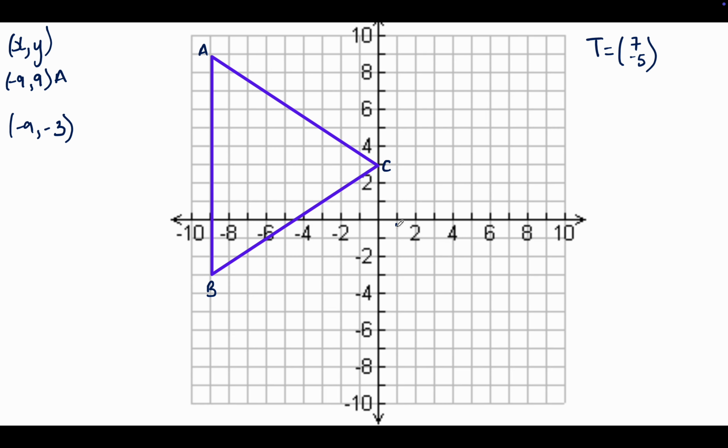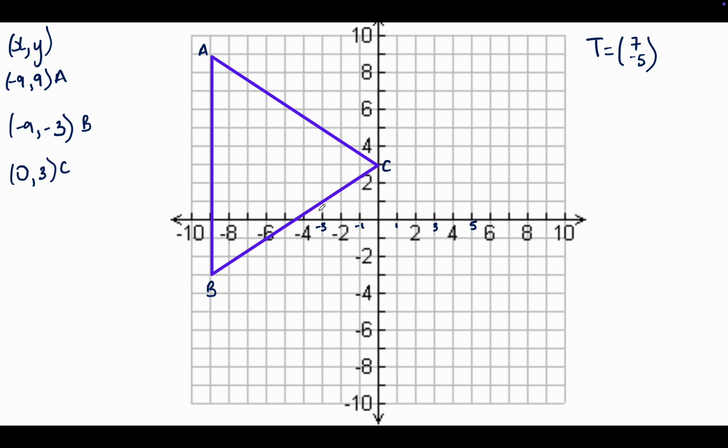We could put in the 1 and the 3 and the 5 if you're having a challenge, but it's okay to count by 2 to label our axes. Now for C, we're at 0 on the x-axis and we went up to 3. So my point for C would be 0 and +3.